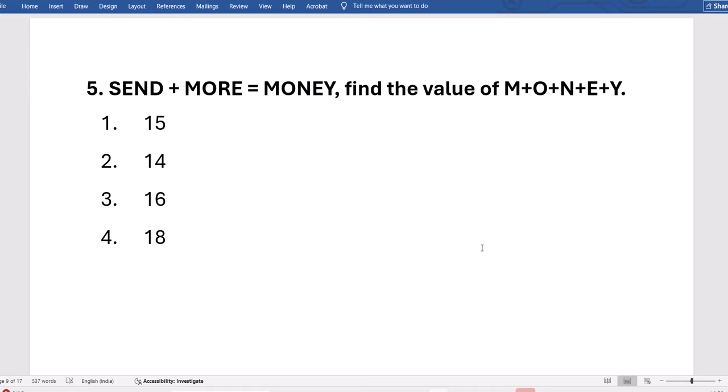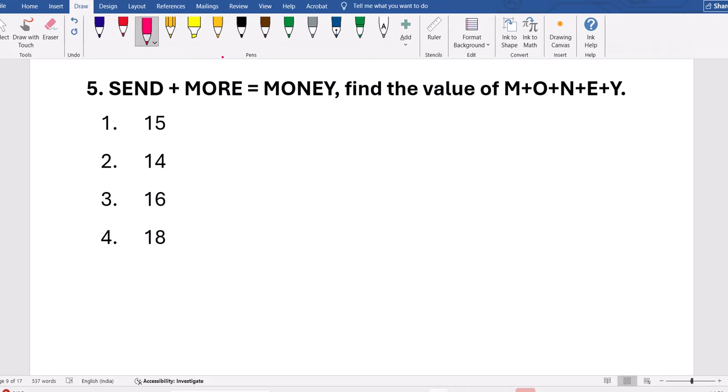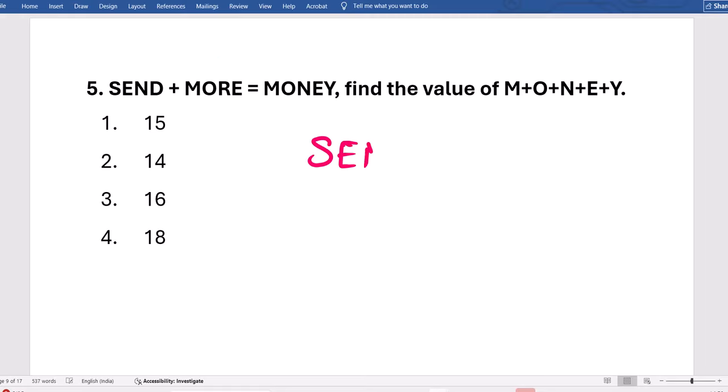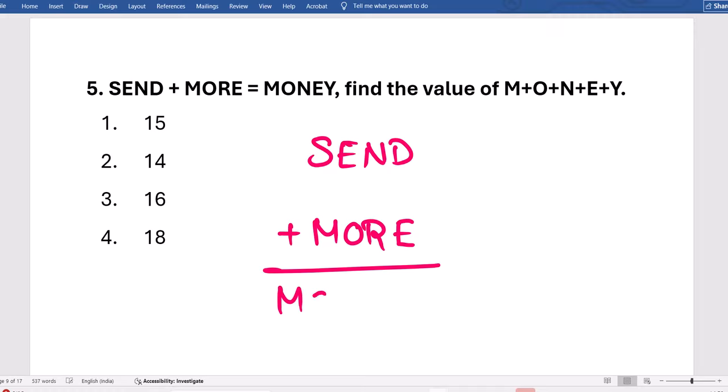Now this question is a bit tricky because two 4-digit numbers result in a 5-digit number. And they didn't give any suggestion in the question like N value 4; no values are assigned. You just keep trying this question. One thing is sure: M value 1.